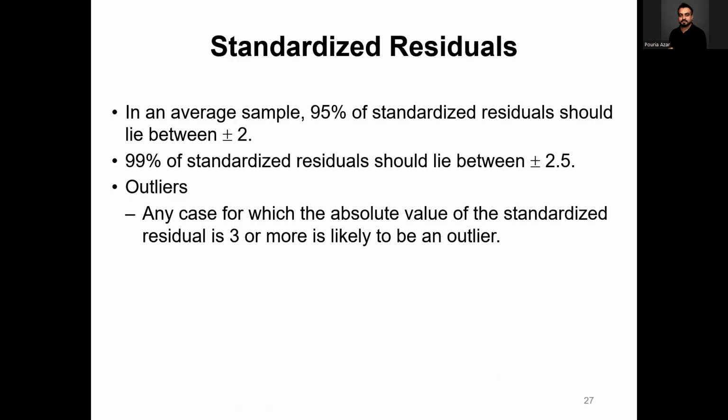In an average sample, 95% of standardized residuals should lie between plus or minus 2 standard deviations, and 99% should lie between plus or minus 2.5. To identify and diagnose outliers, any case for which the absolute value of the standardized residual is 3 or more is likely to be an outlier.